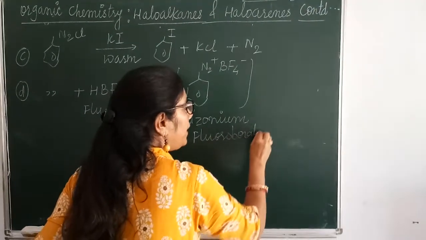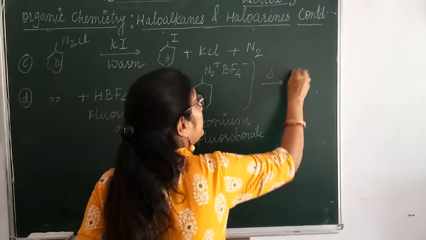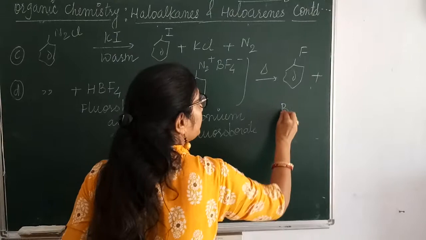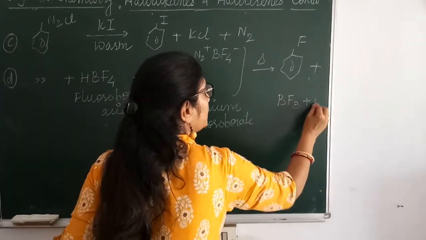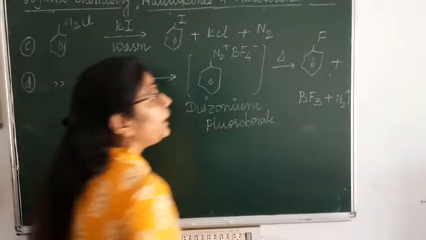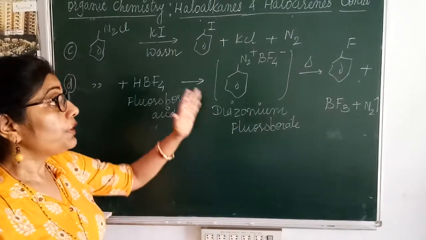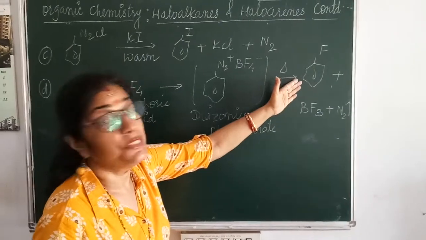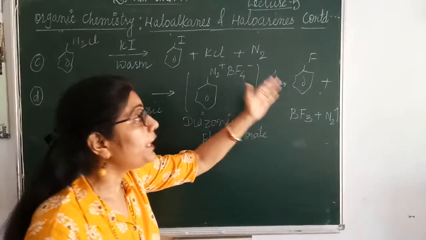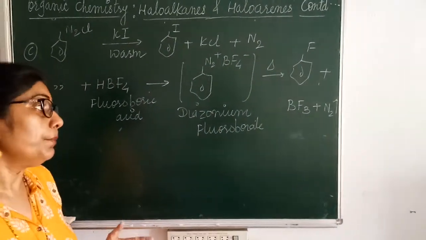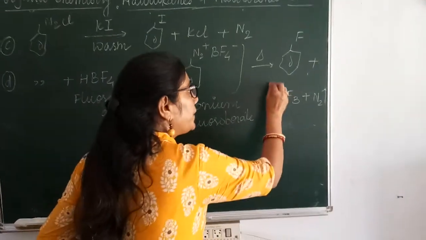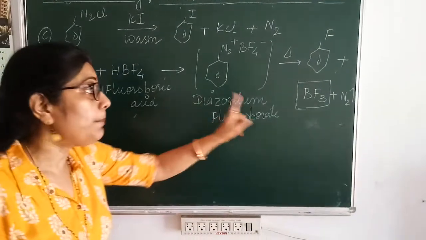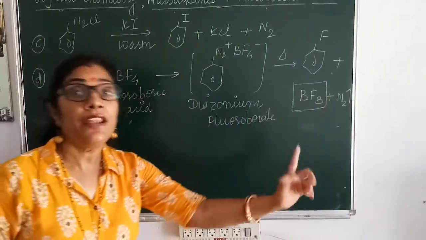Okay, being unstable, upon heating, it gives fluorobenzene plus BF3 plus N2. Very important reaction, because this is the reaction by which you can prepare fluorobenzene, which cannot be prepared by the direct halogenation method, and this is the preparation of BF3 also in the laboratory. This is the lab preparation of boron trifluoride as well.